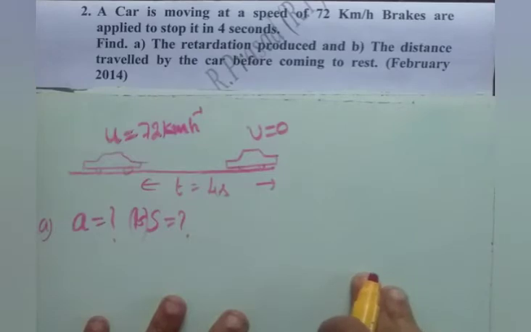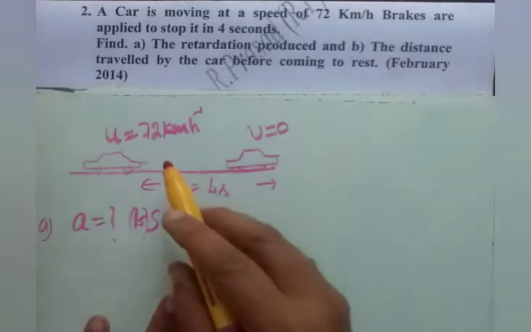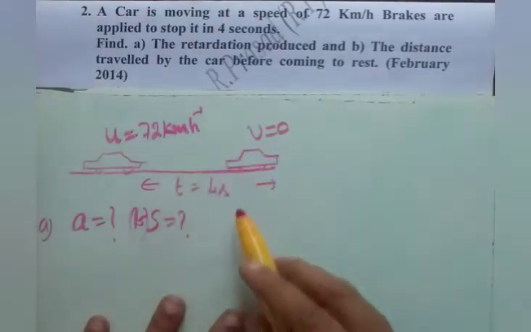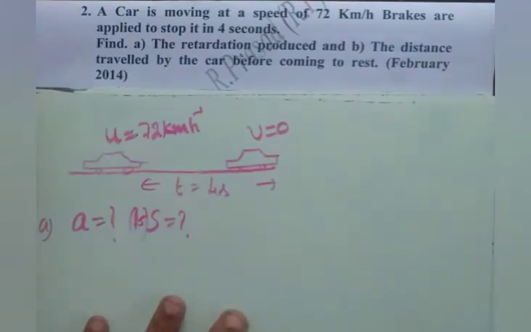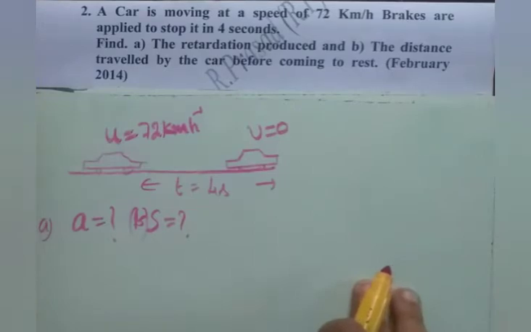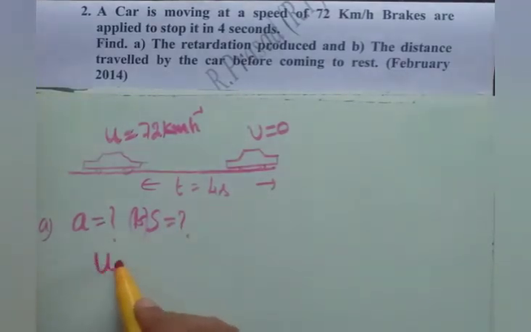Now, what is our next step? To see whether the things are in the same system of units or not. Observe, U is 72 kilometers per hour, while time is in seconds. So we need to convert 72 kilometers per hour into meters per second. The next step, once we have written the data, U is to be converted.